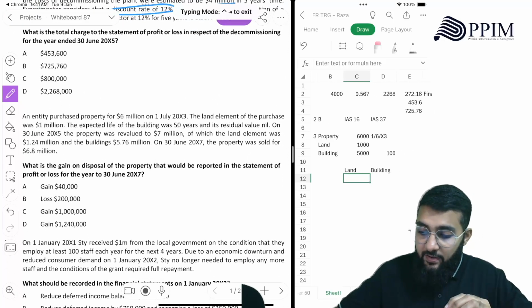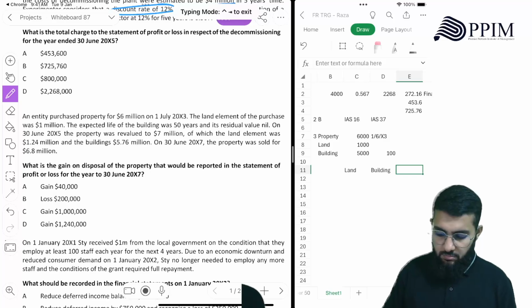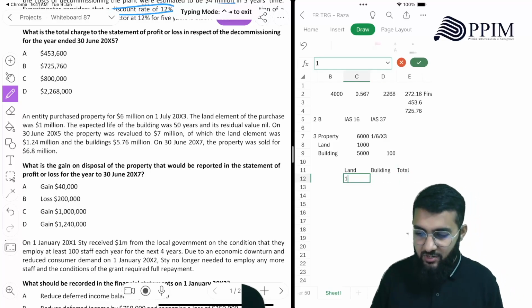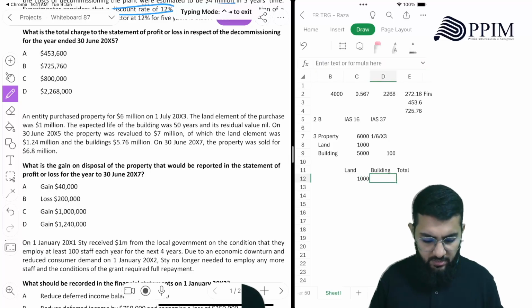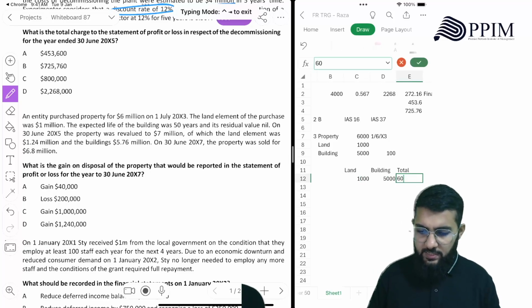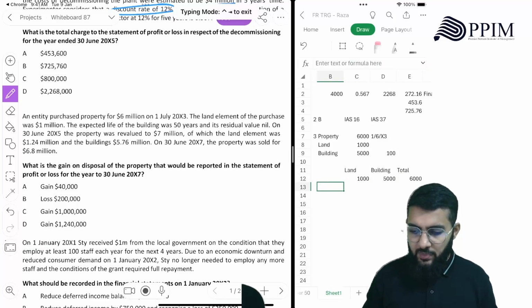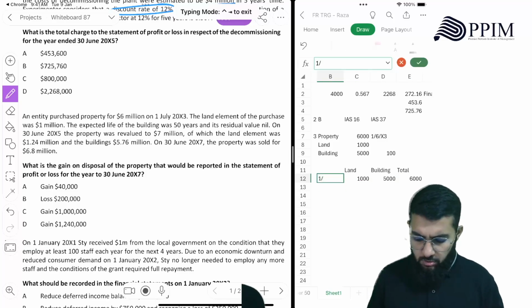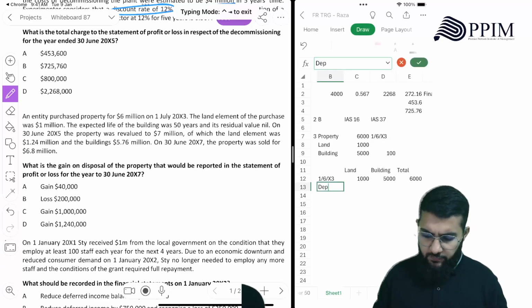Land, building, total. Right. This is the format that works best, right? Land 1 million, building is 5 million, total is 6 million, right? This is as at 1st of July X3, right? Depreciation for the year.